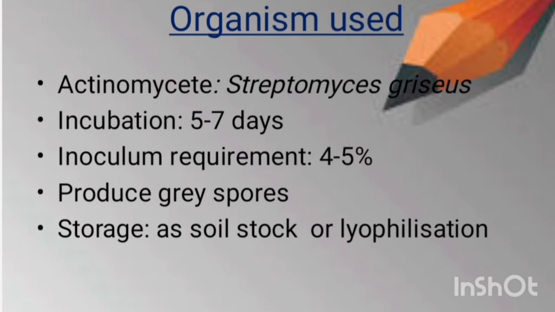About 4 to 5 percent inoculum is added to the fermenter. This organism produces grey spores, and the spores are maintained as soil stock or as lyophilized culture.